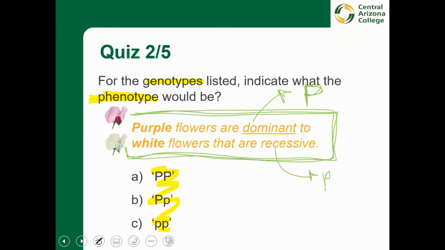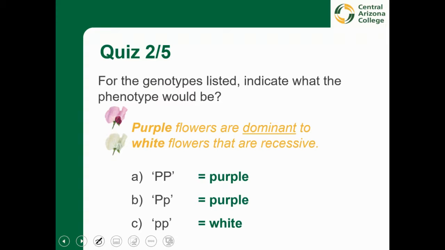So let's work through all of these 3 scenarios together. Here we have 2 dominant alleles, so we're homozygous dominant here. That will, of course, result in flowers that are going to be purple in color. On question B, we're seeing a heterozygous combination for the flower color.